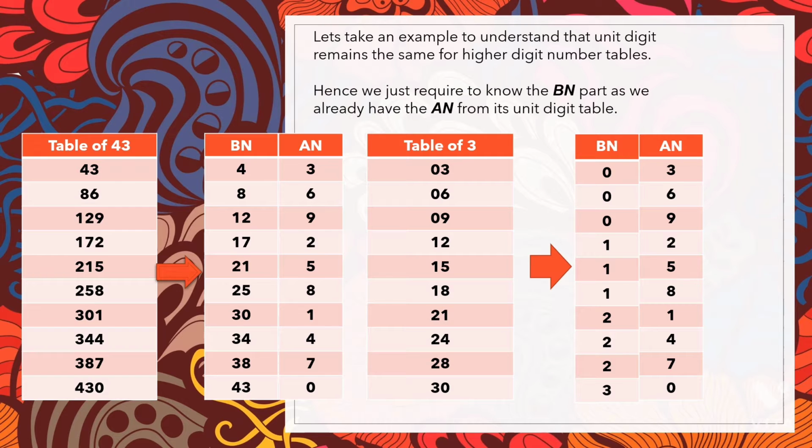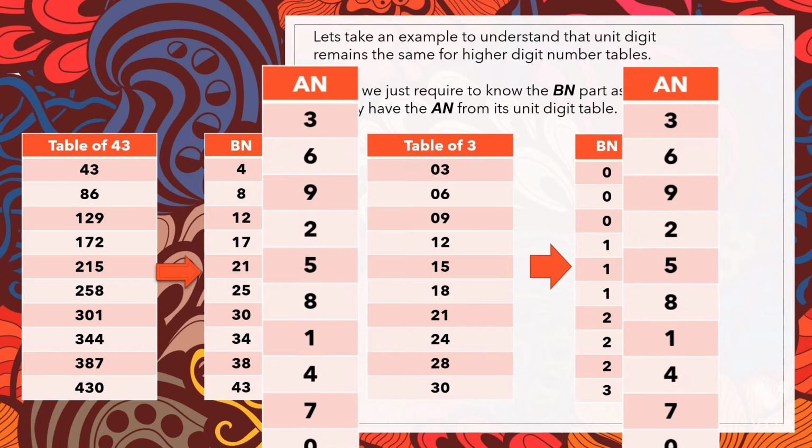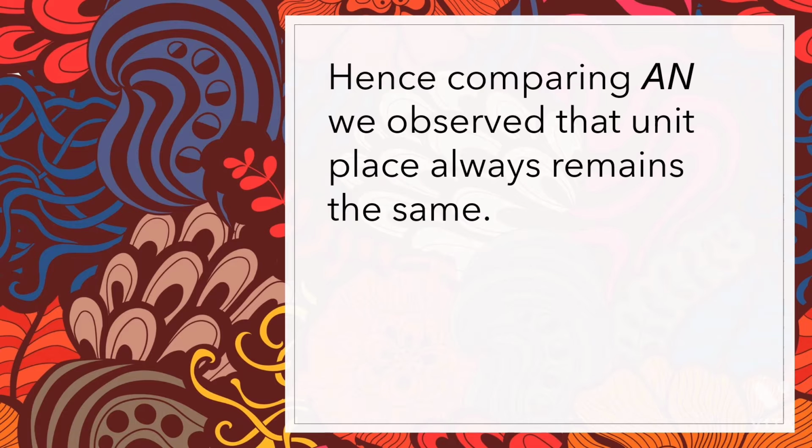Now, comparing, we can easily see that An is similar. Hence we just require to know the Bn part, as we have already seen the An from its unit digit number table. Hence, comparing An, we observed that the unit place always remains the same.